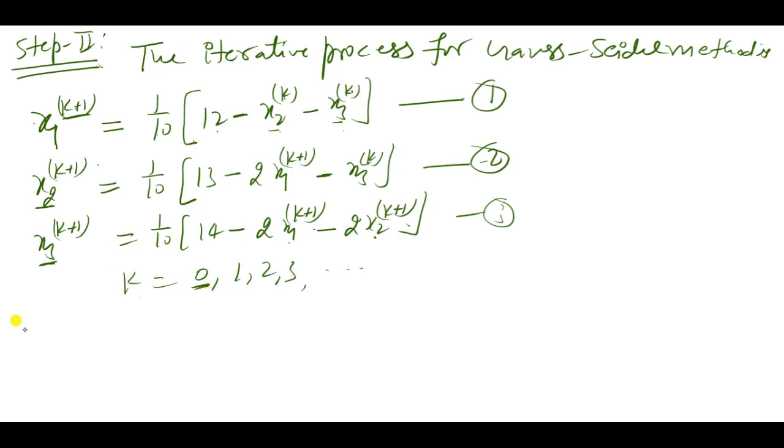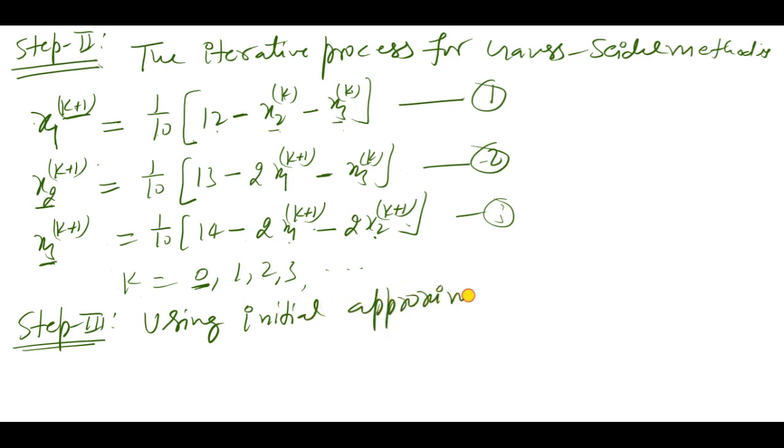So in the next step, that is step 3, using the initial approximations: if initial approximations are given, then use them, and if initial approximations are not given, then use initial approximations of 0.